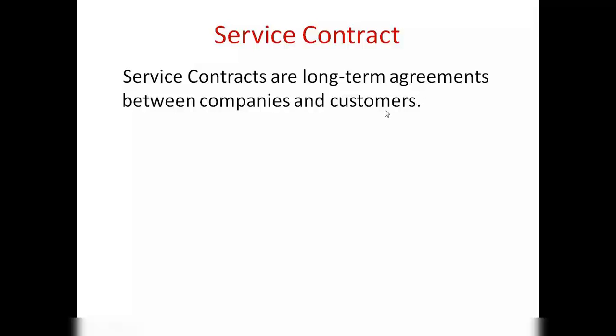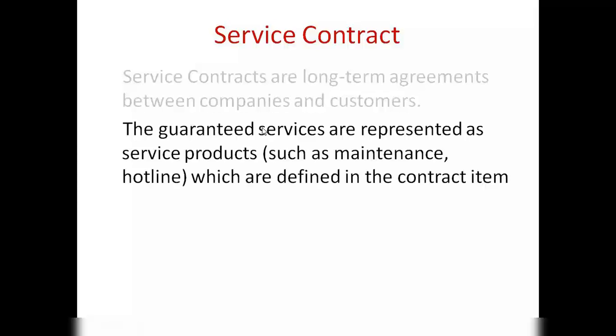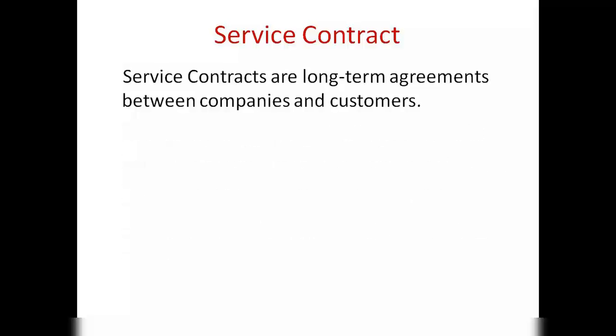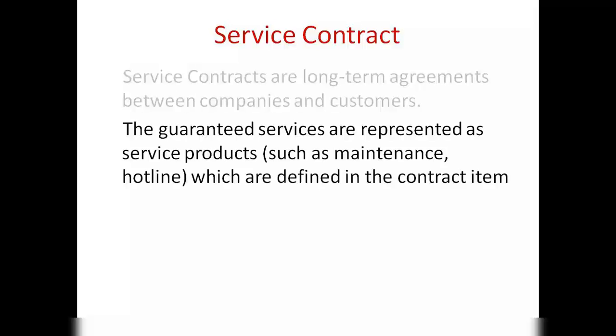Okay, service contract. Service contracts are long-term agreements between companies and customers. As I said last week, let's see some more theory first. The guaranteed services are represented as service products such as maintenance, hotline, or something which is defined in the contract item. So a service contract is a long-term contract where we define what type of service we're going to provide to the customer.